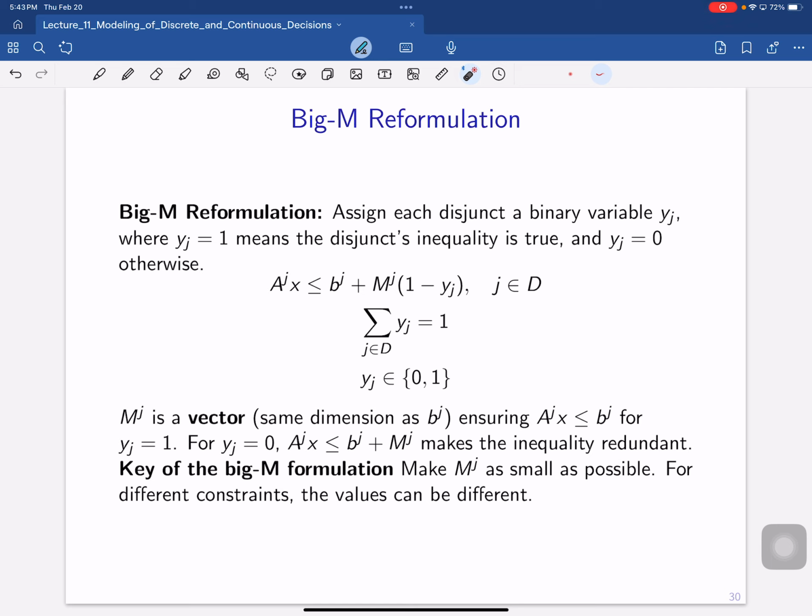Remember the big M is a vector here, since you can have a large number of inequality constraints for each disjunct. And I keep reminding you that the key here is you should pick big M as small as possible. As long as you do not eliminate all the other disjuncts, that's good enough.